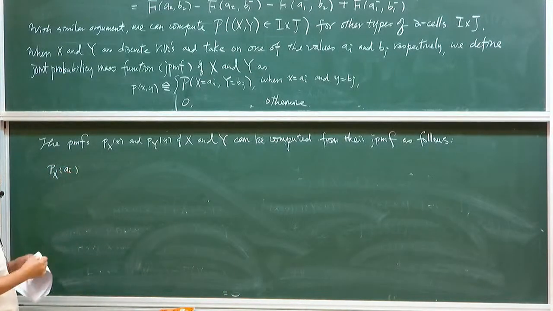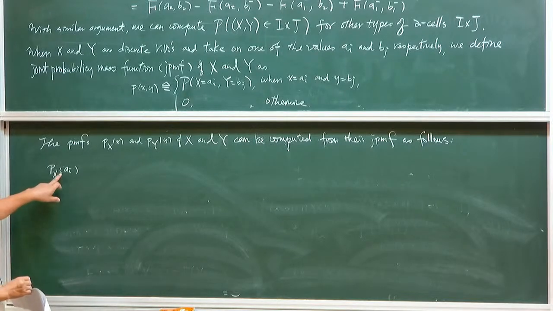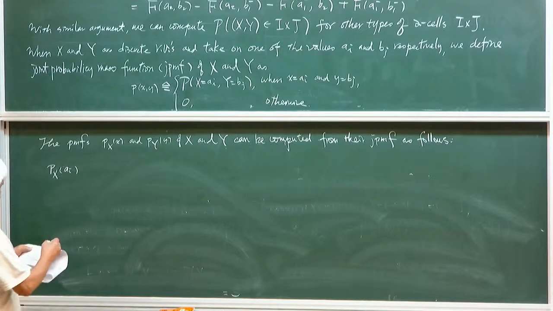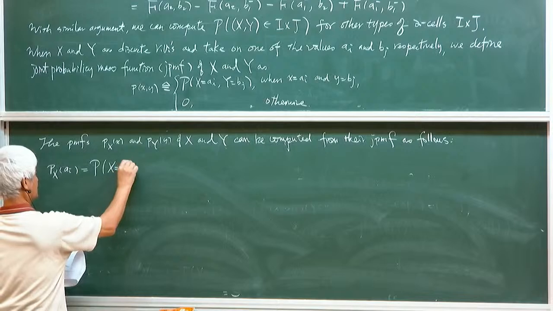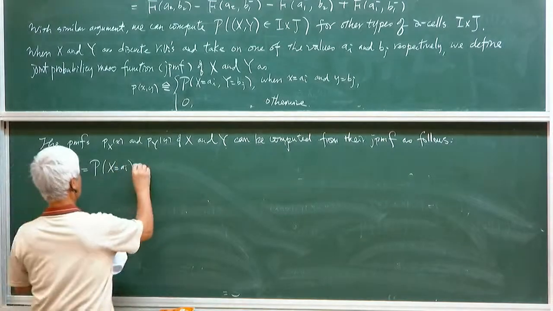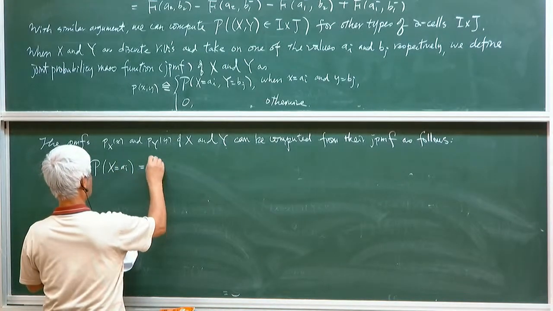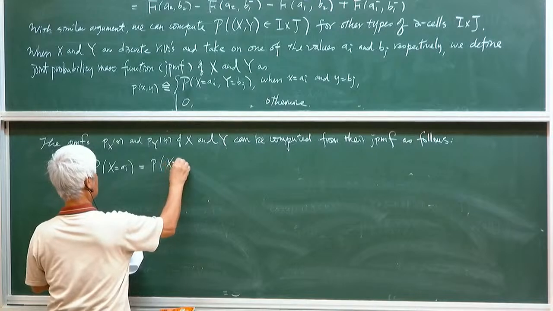First of all, we compute the value of the PMF of x when x equals a sub i. Then we know this is by definition the probability that x equals a sub i.